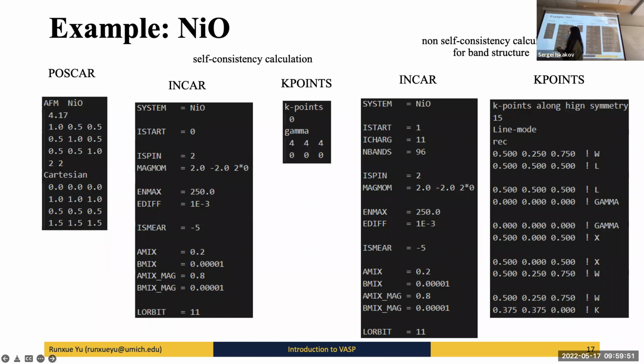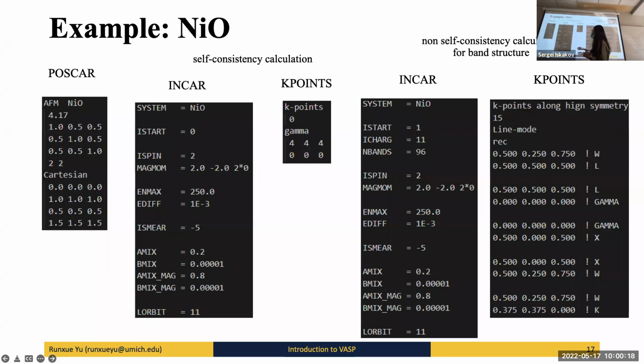Because we have 2 different nickel in our unit cell, and we will construct the supercell shown here.